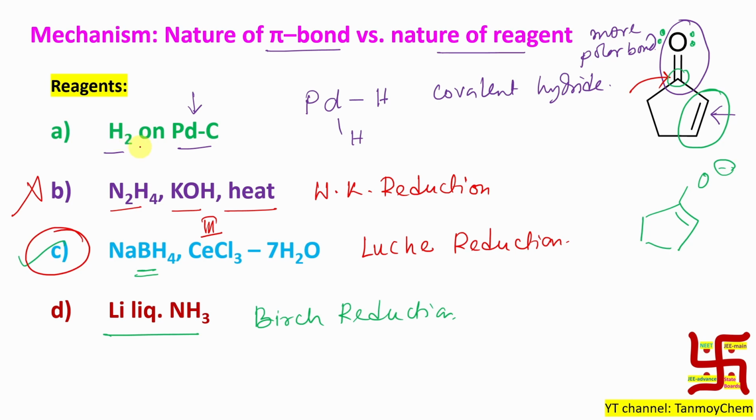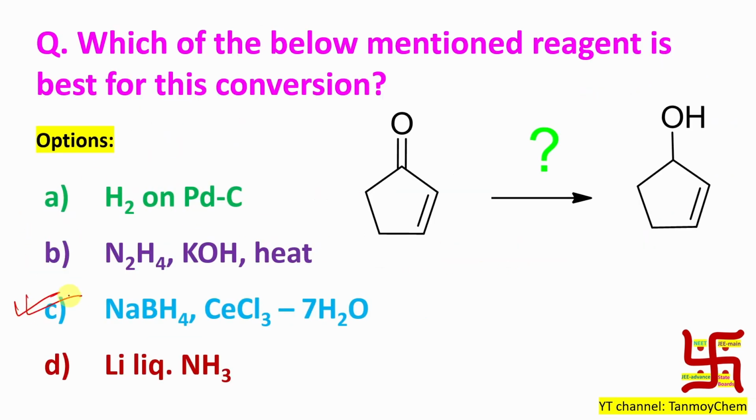Now there is a confusion about this palladium hydrogen. Since this Luche reduction reagent is present, that's why this will be the answer. Remember, when you solve such MCQs, you should remember which one is most correct. I asked for the best reagent for this conversion, so this is most correct. In your mind you may have some doubt, sir, can it be? May be.